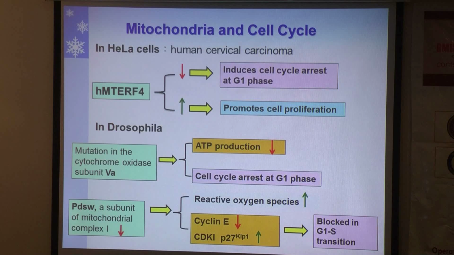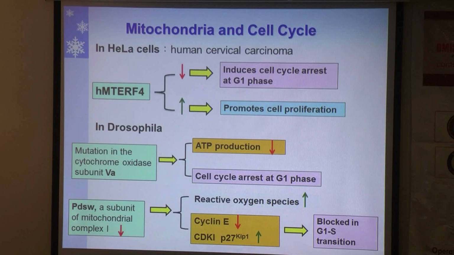Whereas in other model animals, for example, Drosophila, the fruit fly, a mutation in the cytochrome oxidase subunit V alpha leads to a reduction in ATP production, and then there's a cell cycle arrest. Similarly, a reduction in PDSW, a subunit of mitochondrial complex 1, leads to an increase in reactive oxygen species production, with a decrease in cyclin E and an increase in CDKI. So all this has a link to mitochondrial biogenesis and function, as well as cell cycle progression.